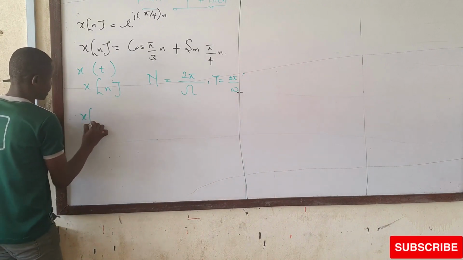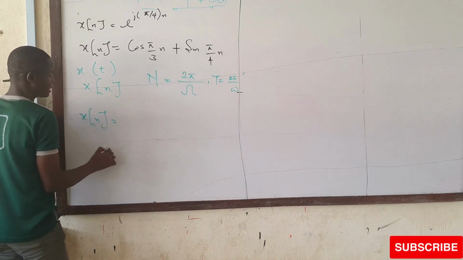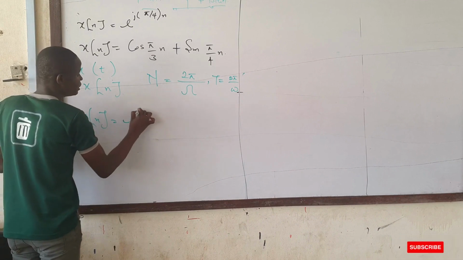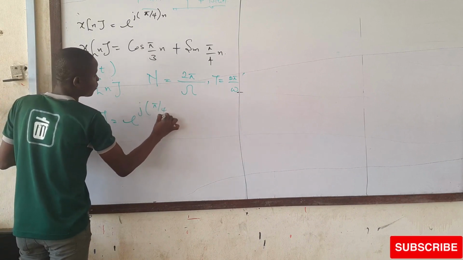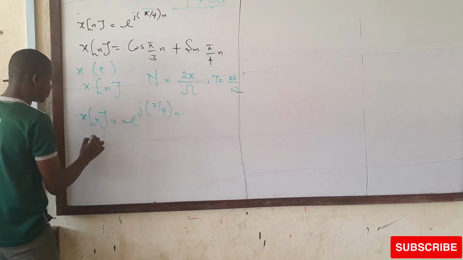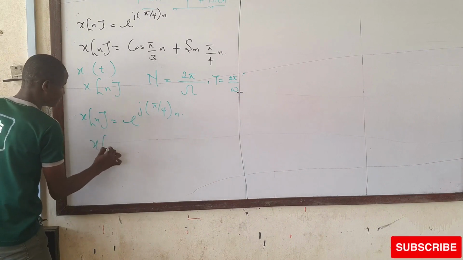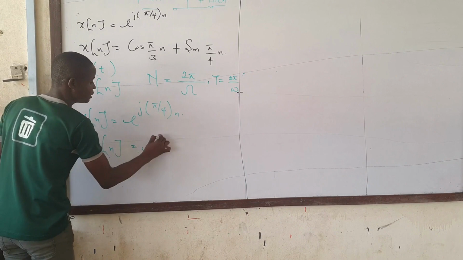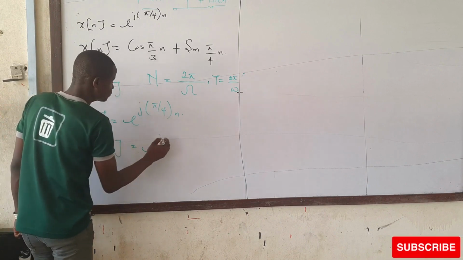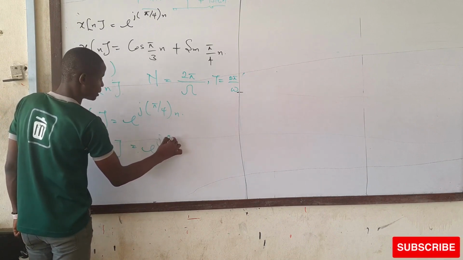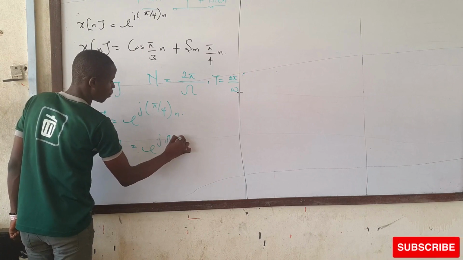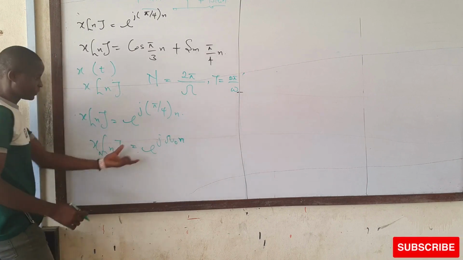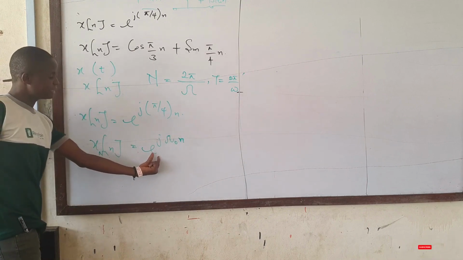My x of n is given as e^(j pi over 4 of n). I can compare this to the generally given x of n, which is e^(j omega naught of n). I'm going to compare this side with this side.